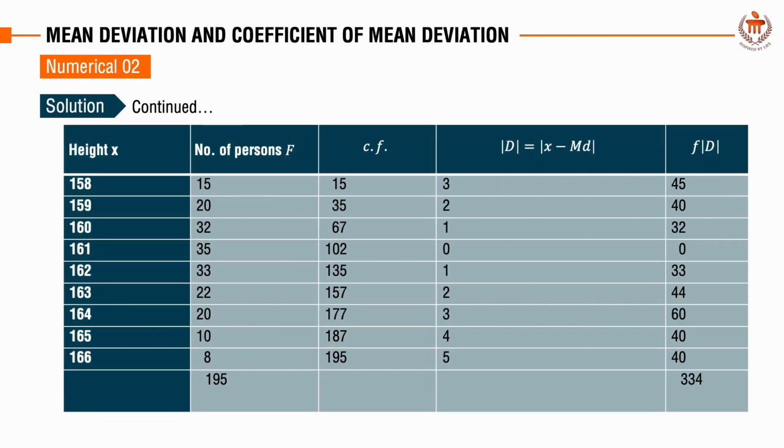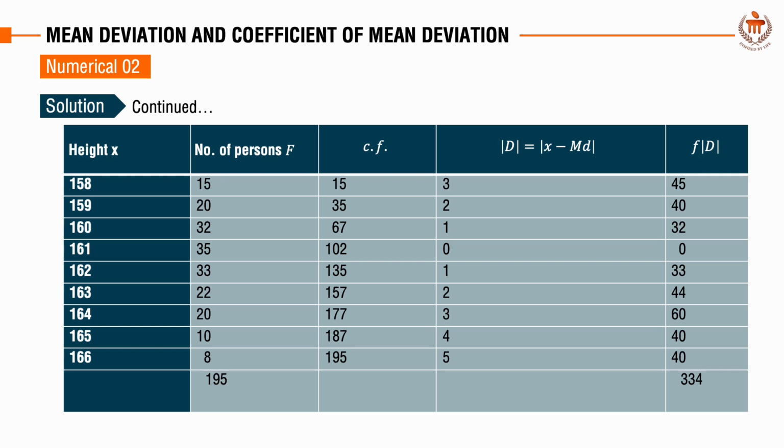Now we first did it by the mean method, and now we'll do the same thing by the median. For working on the median, we need a cumulative frequency. The frequency and x values are given in the question.